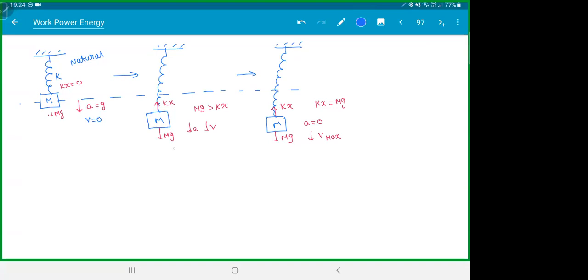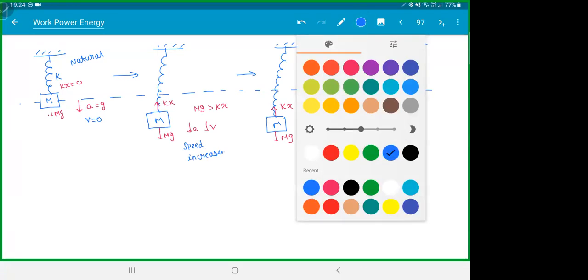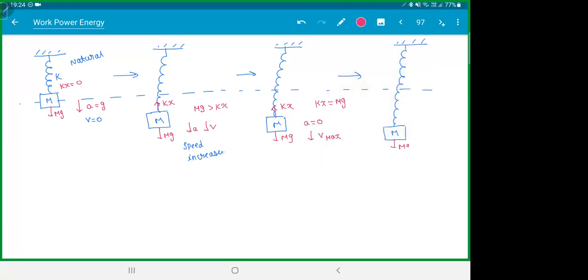If you see in this scenario, the acceleration and velocity are in the same direction, so it is speeding up. At this point, you get a maximum speed. Then it will not stop now because it is a maximum speed. It will continue to go further. This is mg.